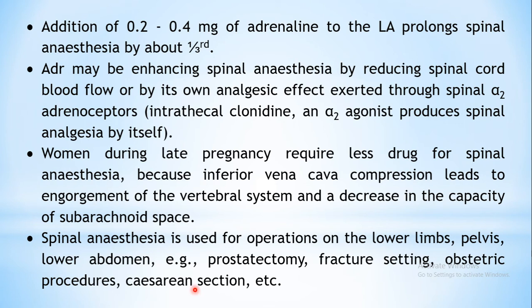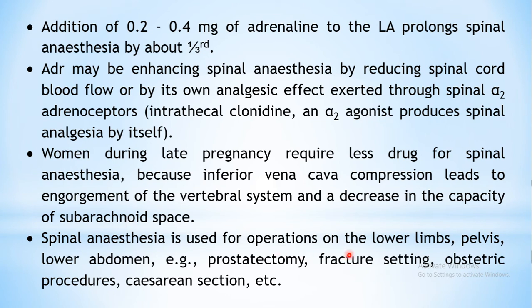If normal deliveries are not possible, cesarean section is done for the childbirth. For that purpose, if you are injecting a local anesthetic by spinal route, the dose or the amount of local anesthetic required will be less, because of the compression of the blood vessels and the compression of the area where you are injecting your local anesthetic. So a lower amount of drug is required during pregnancy.